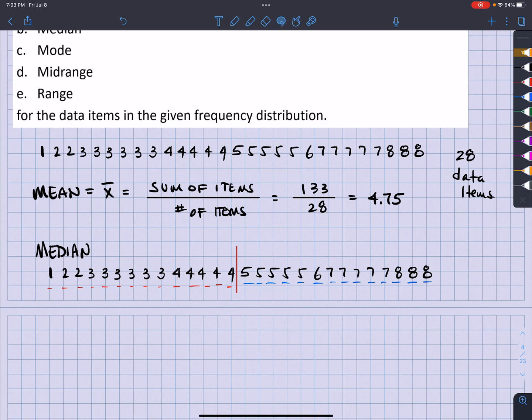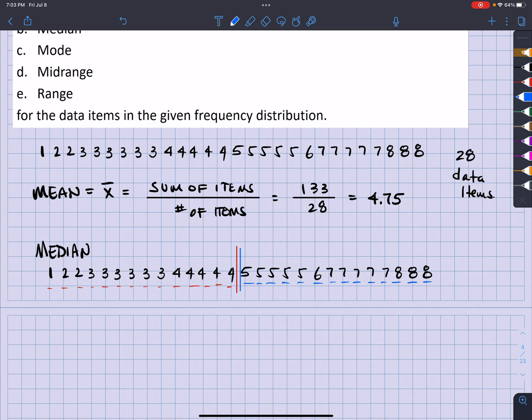Now sometimes you'll get lucky and you will get one right in the middle where you can say this is the number. But sometimes there's going to be an even amount of items, so the median is between these two numbers, between the 4 and the 5.